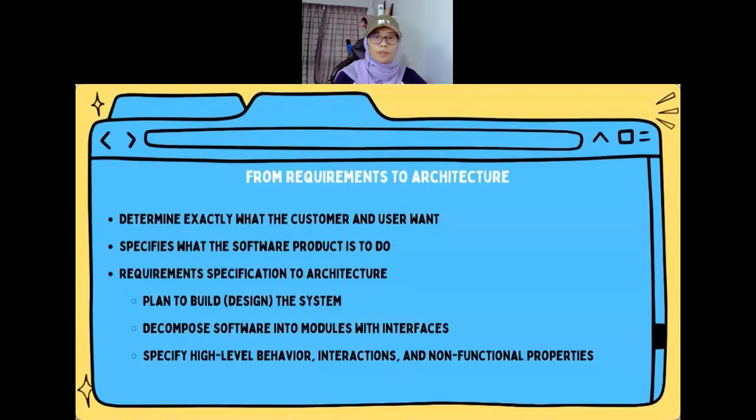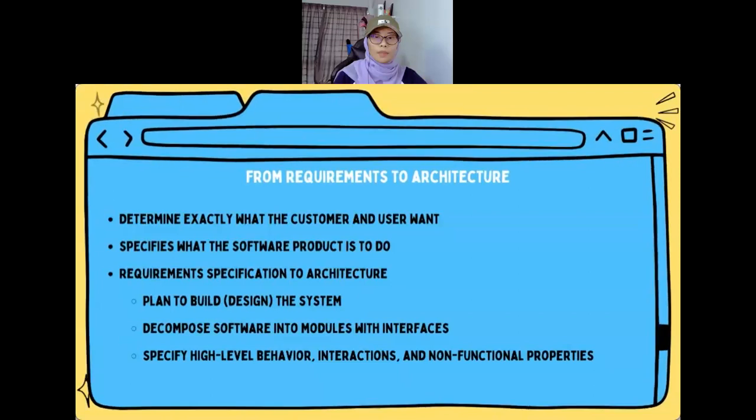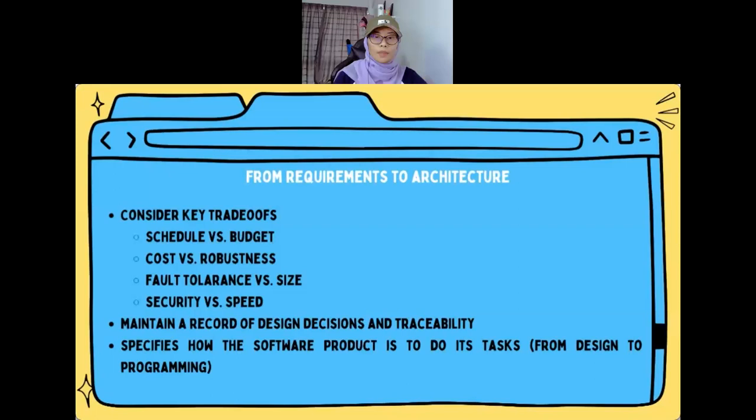From requirement to architecture: determining exactly what the customer and user want. Specify what the software product is to do. Requirement specification to architecture is planned to design the system, decompose software into modules with interfaces, specify high-level behavior, interaction, and non-functional properties.